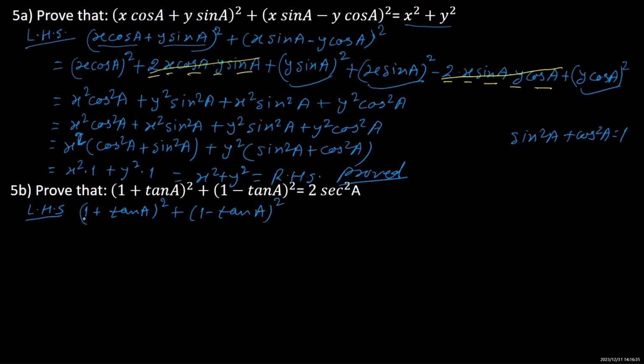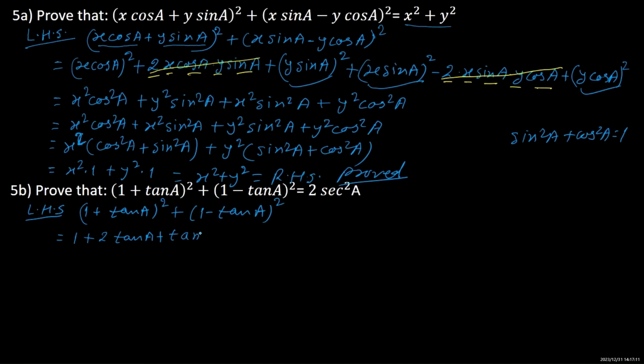Here we'll consider 1 as a and tan A as b. So it will look like (a + b) whole square. Use the formula of (a + b) whole square, same as above. We'll get 1 square, square of 1 is 1 only. 1 square plus 2 into 1 into tan A, but 2 into 1 is 2 only, 2 tan A plus tan square A, that is 2ab plus b square.